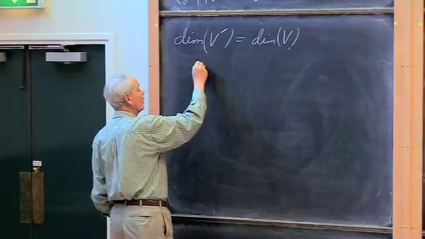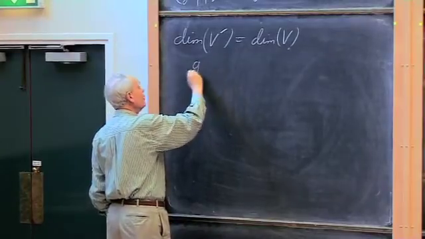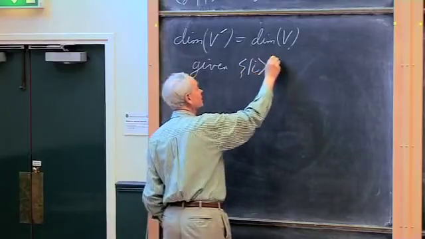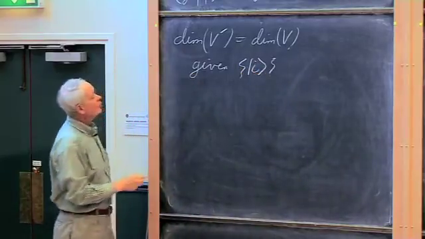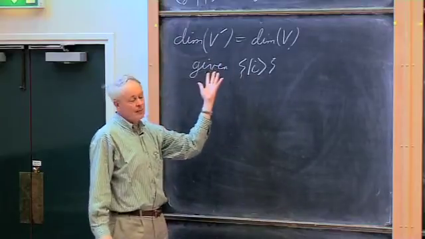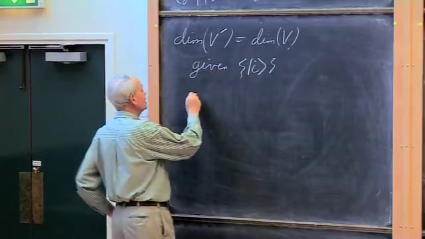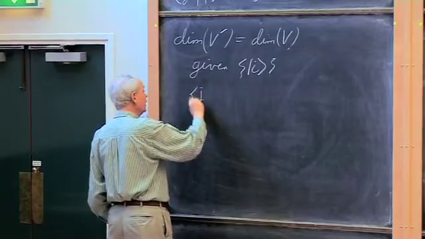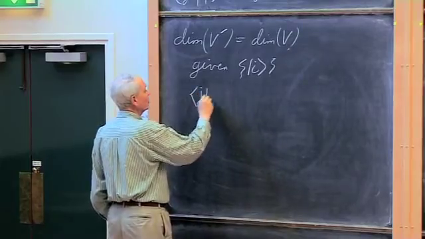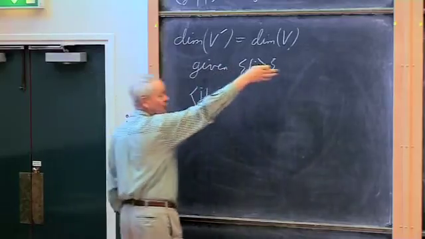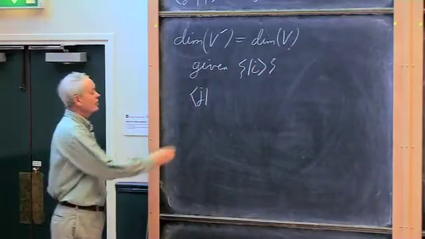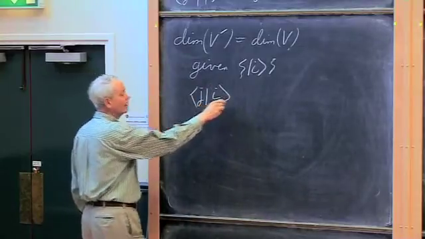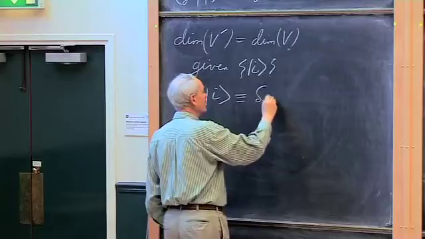If we're given a basis of kets |i>, for each one of these we define a bra, and we do it as follows. We say that the bra <j| is the function on the kets such that this complex number <j|i> is equal to delta_ij.